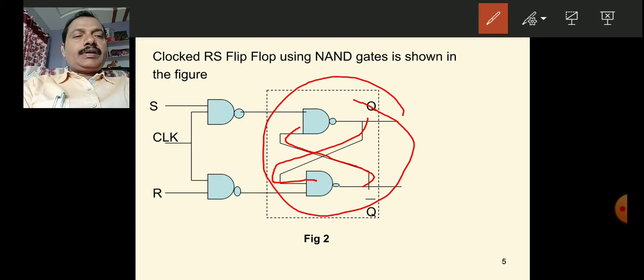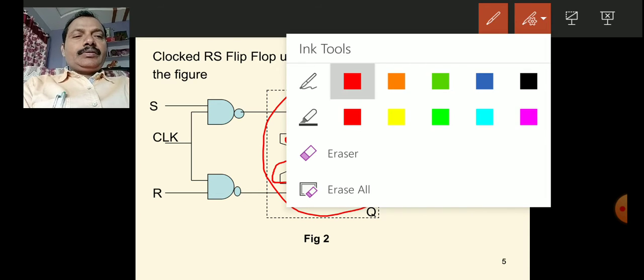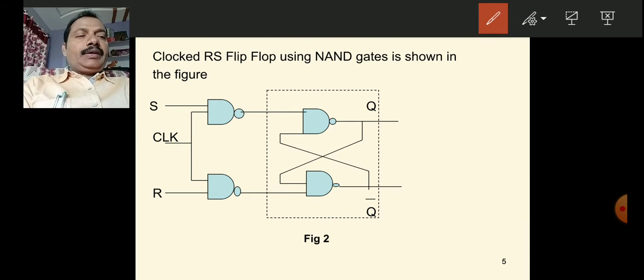And to this latch what we do is simply take additional two NAND gates like this. You take the NAND gates and connect a clock as shown to these two NAND gates.